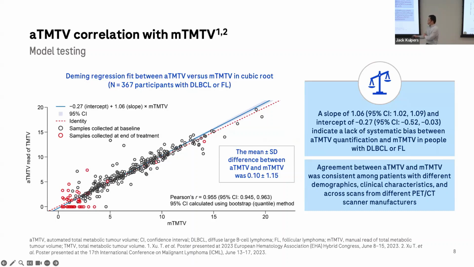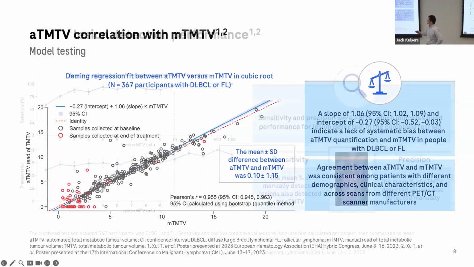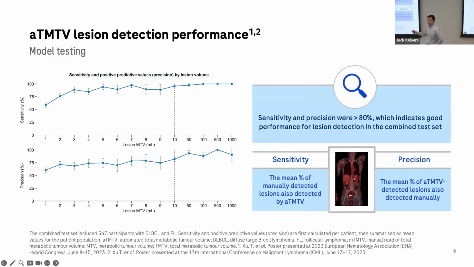Yeah, because after the treatment, patients are maybe in remission, or they have a good response to the drug. So the size of lesions is relatively small, and this is explained in this analysis where we look at the sensitivity and precision in detecting lesions.